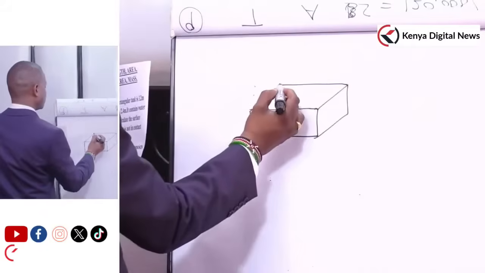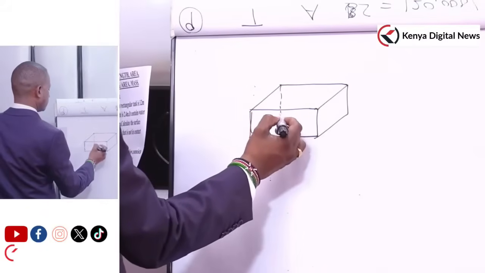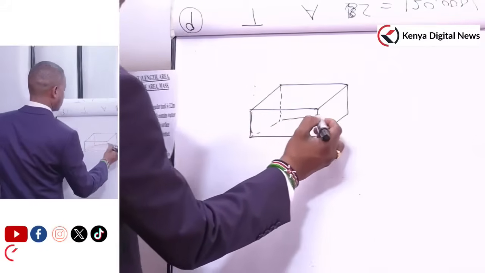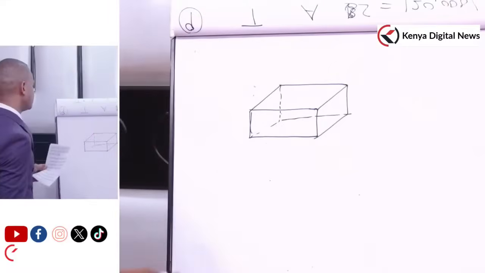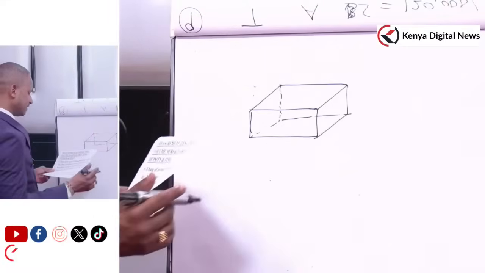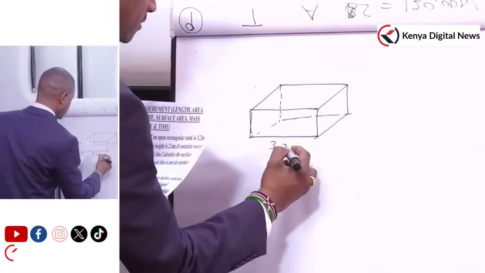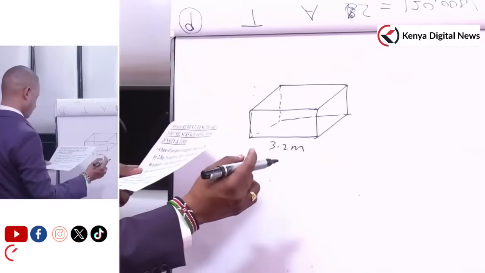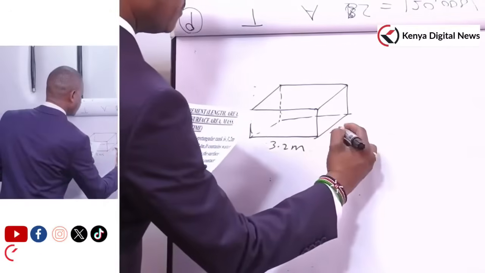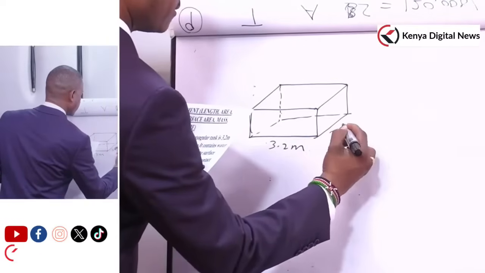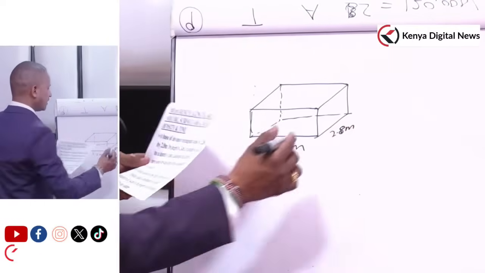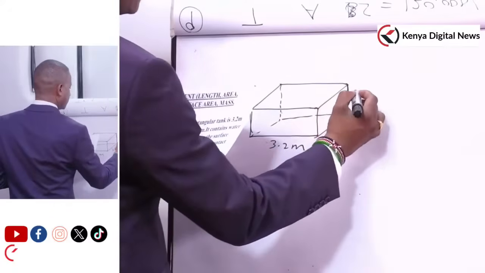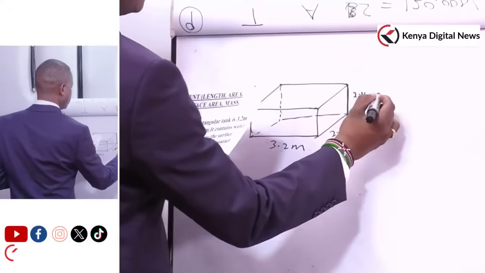That's a rectangular tank. So this tank, you are told it is 3.2 meters length by 2.8 meters width. Then you are told that the height of this tank is 2.4 meters.